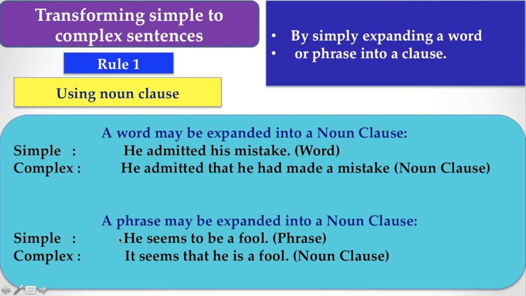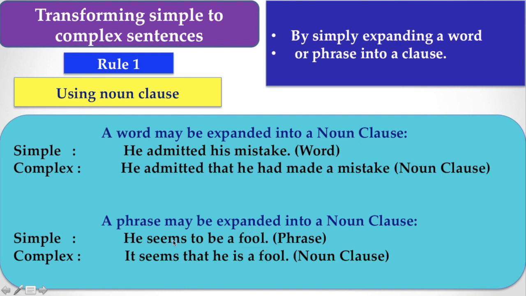Sometimes we use a phrase and expand it, or extend a phrase into a clause, while converting a simple sentence into a complex one. That is, he seems to be a fool.